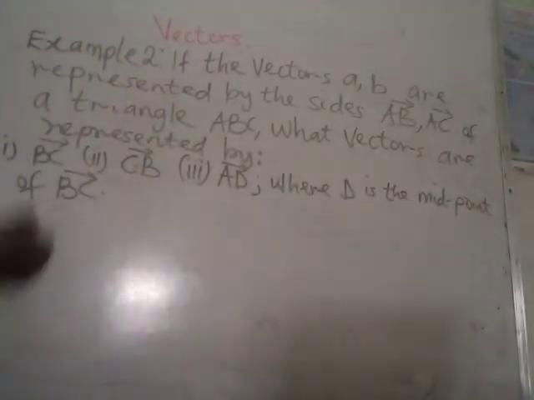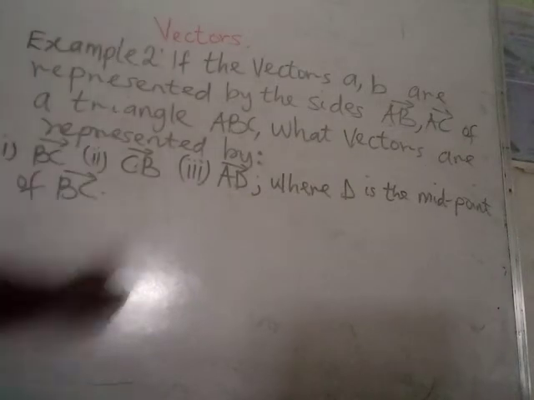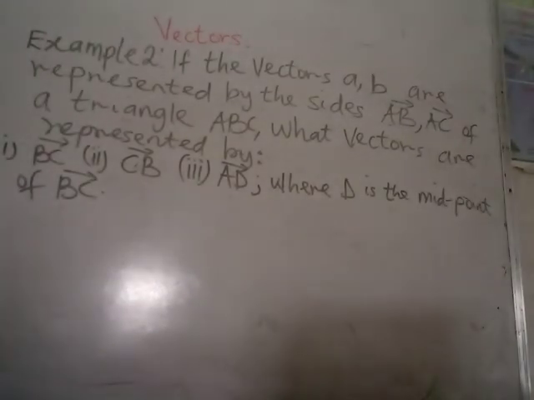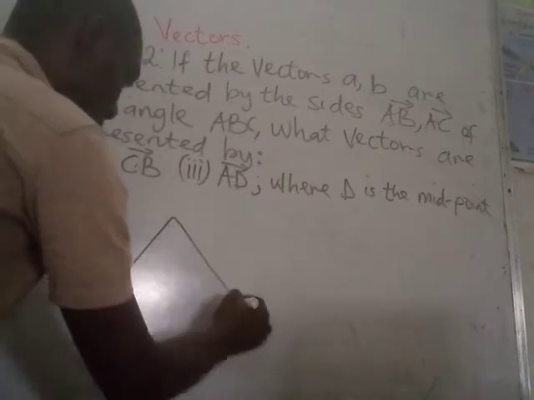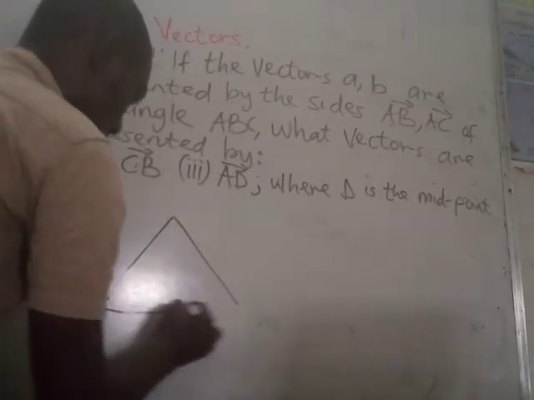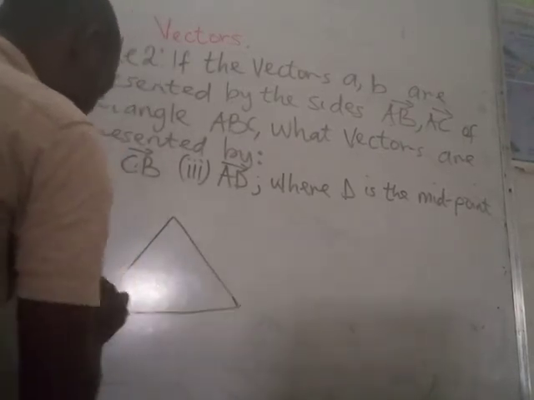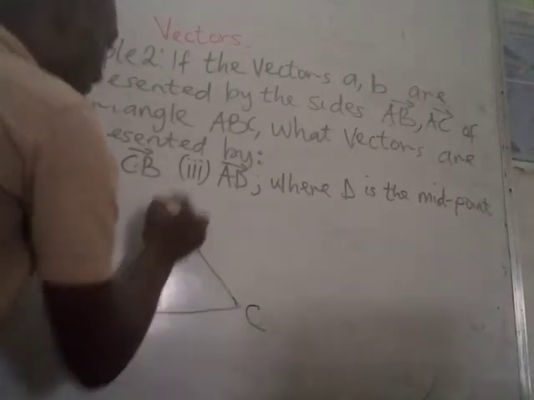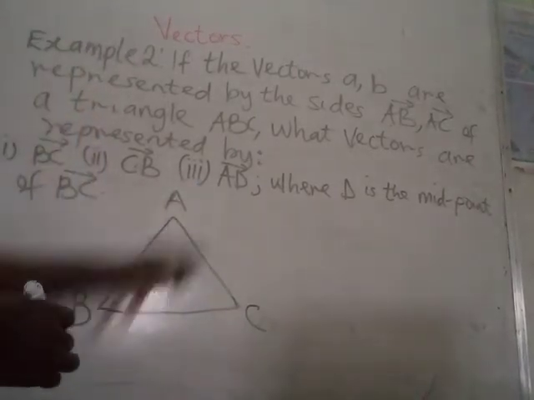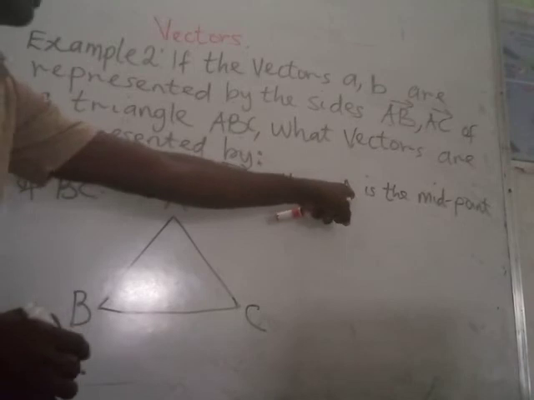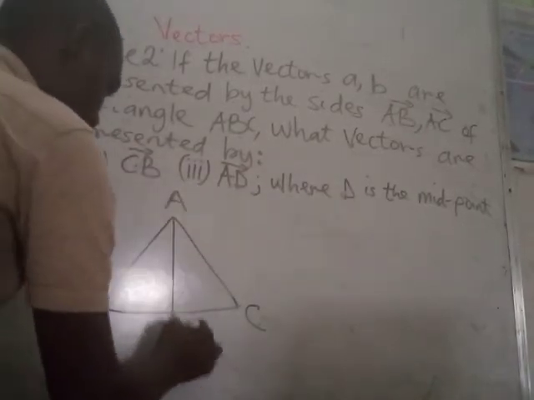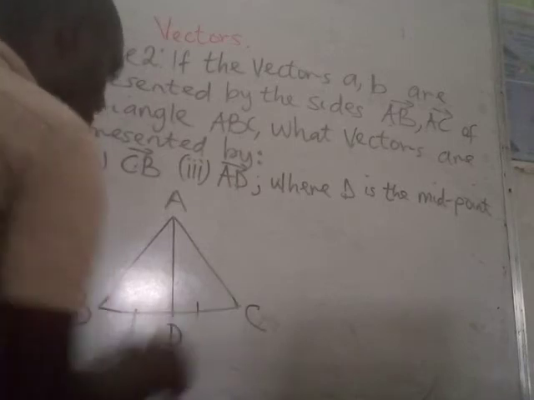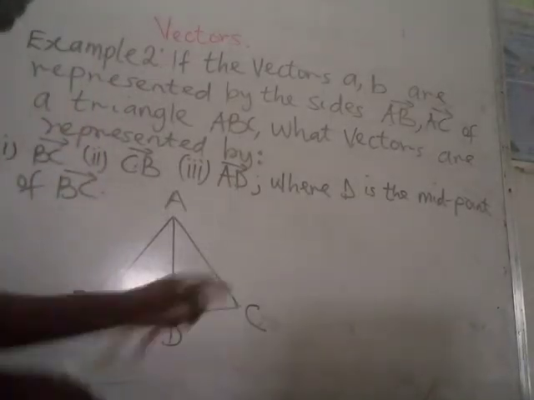I would like to draw BC as the base of my triangle. So let me use this to represent BC, and this is going to be A. I'll have AD, where D is the midpoint. So this is D. Definitely this is equal to this because D is the midpoint of BC.